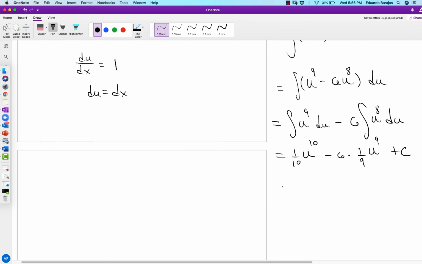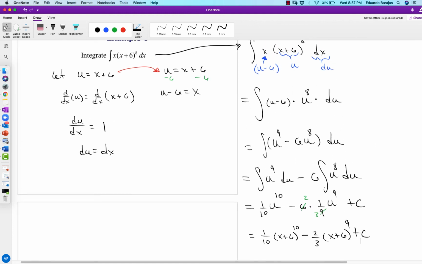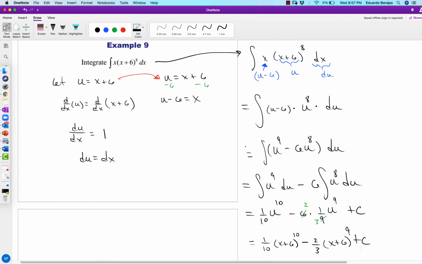So now our answer is going to be 1/10 (x plus 6) to the power of 10 minus, and now the 6 and the 9 can reduce, 2/3. So we have minus 2/3 (x plus 6) raised to the power of 9 plus some constant. Good, so that's our answer.